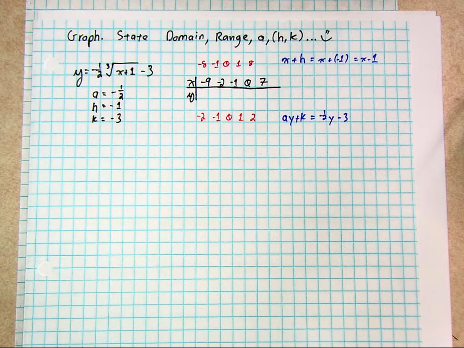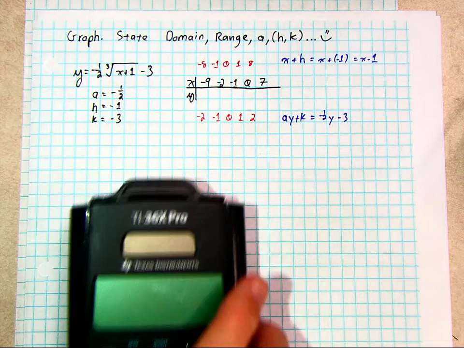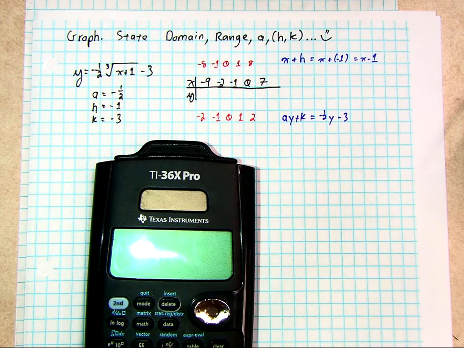I'll grab my calculator. We can plug these into the calculator. That's the main idea. So, as you can see, there's the calculator. We'll turn it on. We'll clear out what we were playing with before. So this is negative 1/2.